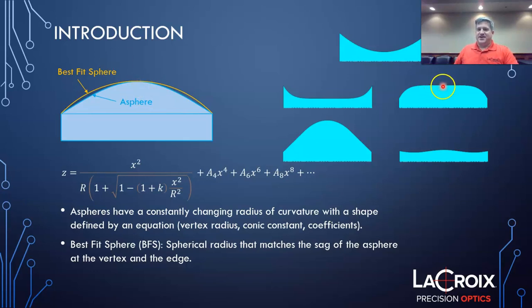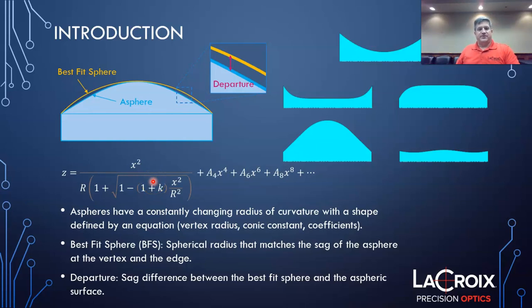So say in this case, if we measure a best fit sphere from the center to the vertex, we'd actually have to add glass to that best fit sphere to make this ASPHERE, which of course we can't do. So instead your blank would be thicker. That best fit sphere is not going to make a whole lot of sense in that case. There are a few other ways of defining the best fit sphere, but the vertex and edge matching are the most common and what we'll generally use here.